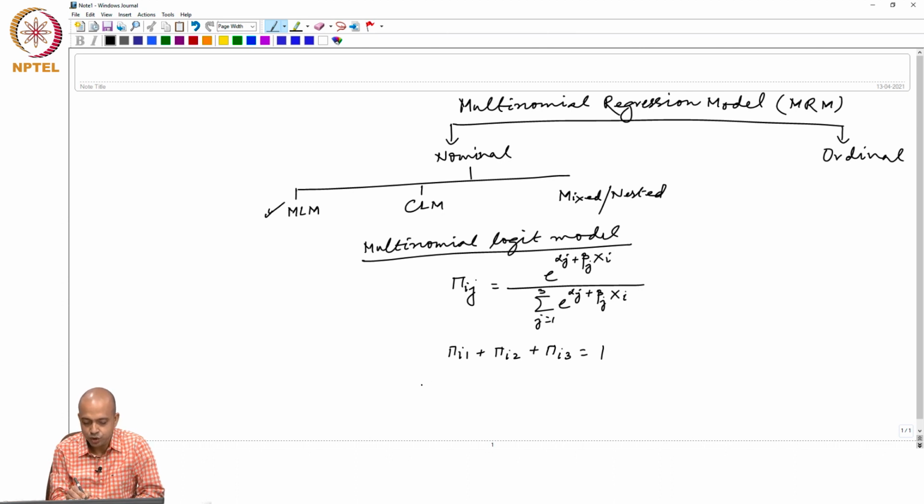So pi i1 hat is 1 minus pi i2 hat minus pi i3 hat. One category we always have to take as the base, and the other two categories' probabilities are always calculated in terms of the base category.